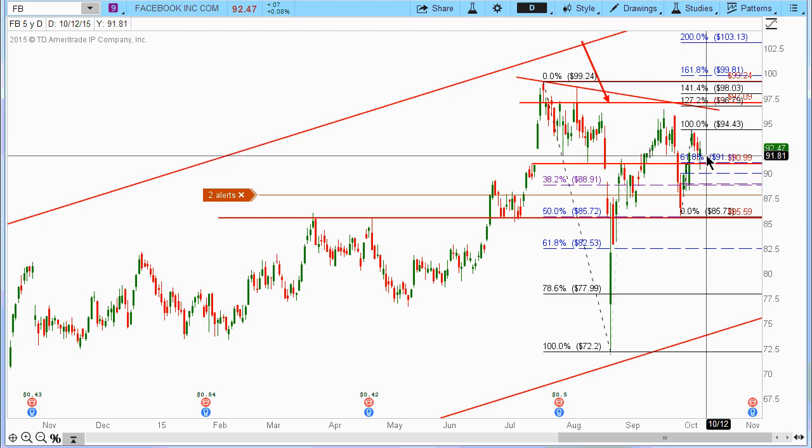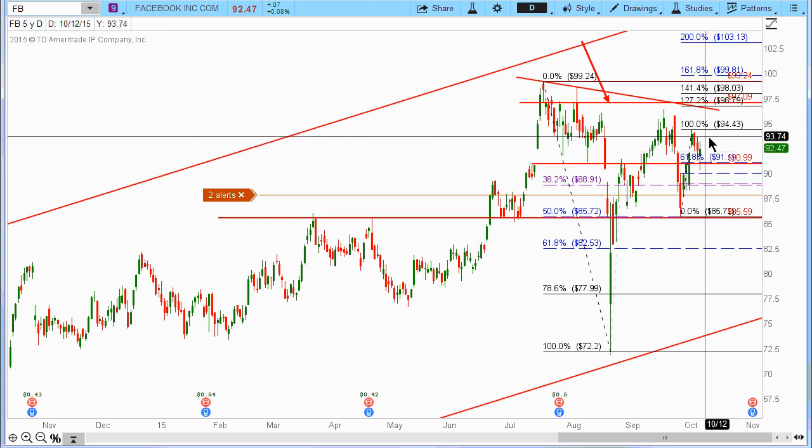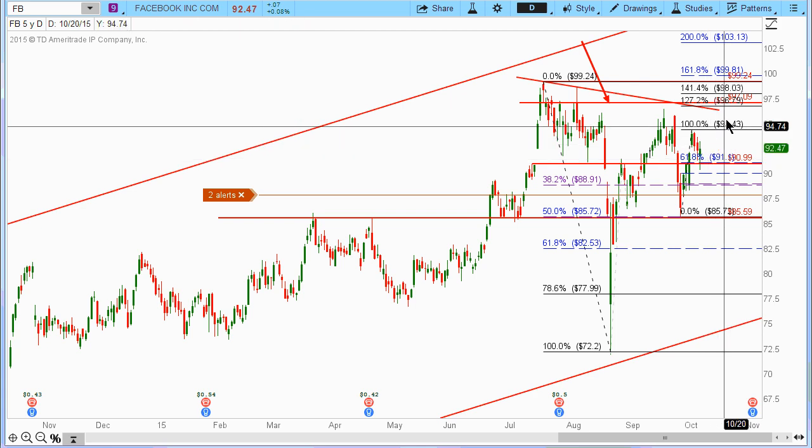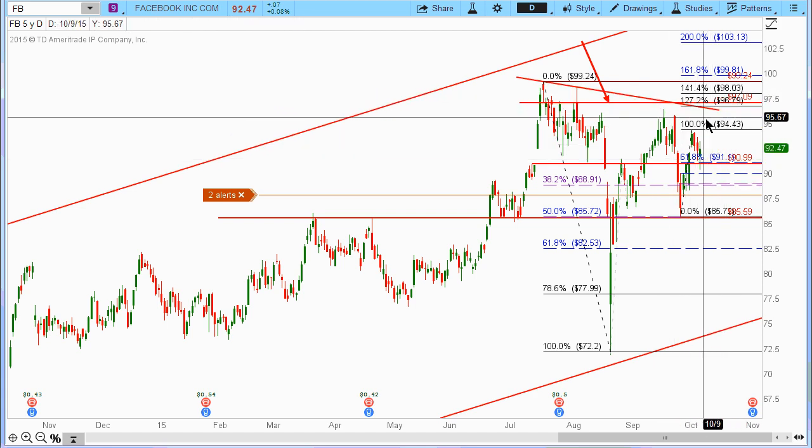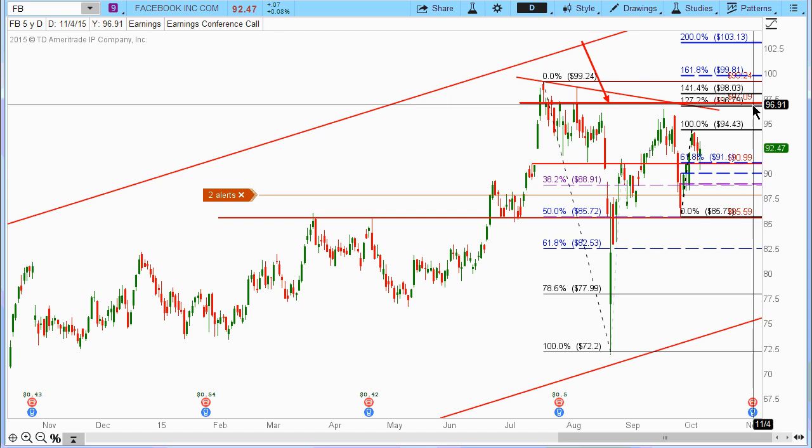If we could get a bounce over here and come back up to this 94.43, then there's a good chance that it could come up and take out this trend line here, as this 127 extension at this 96.97 level.